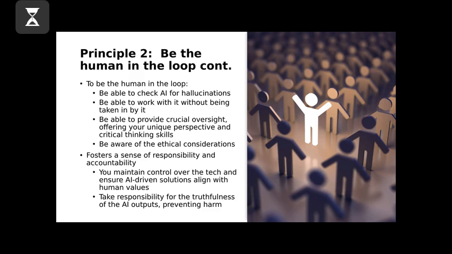So these are the kind of things you can do as a human. But to be able to do that, you should be able to provide crucial oversight, offering your own unique perspective and critical thinking skills. That's why we should build AI literacy, not AI dependency, so that we keep our critical thinking skills sharp, right?